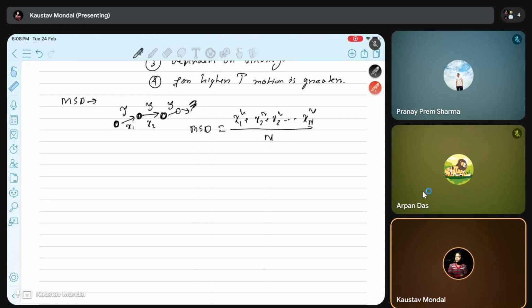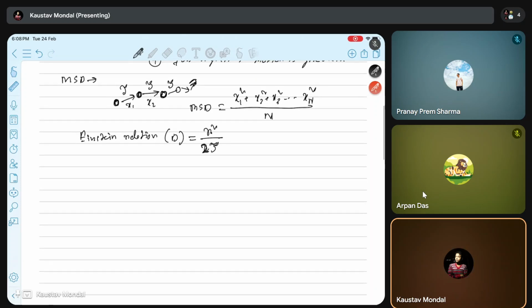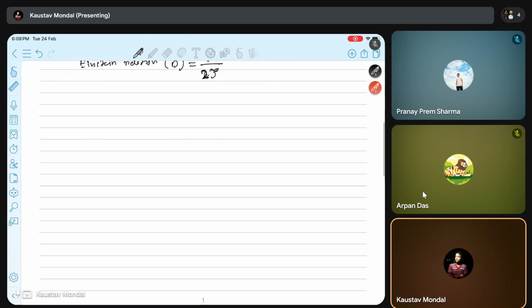Einstein showed this relation: the diffusion constant of the particle, D, is equal to r square by 2 tau. r square is basically the square of the distance traveled by the particle, the MSD you can say.